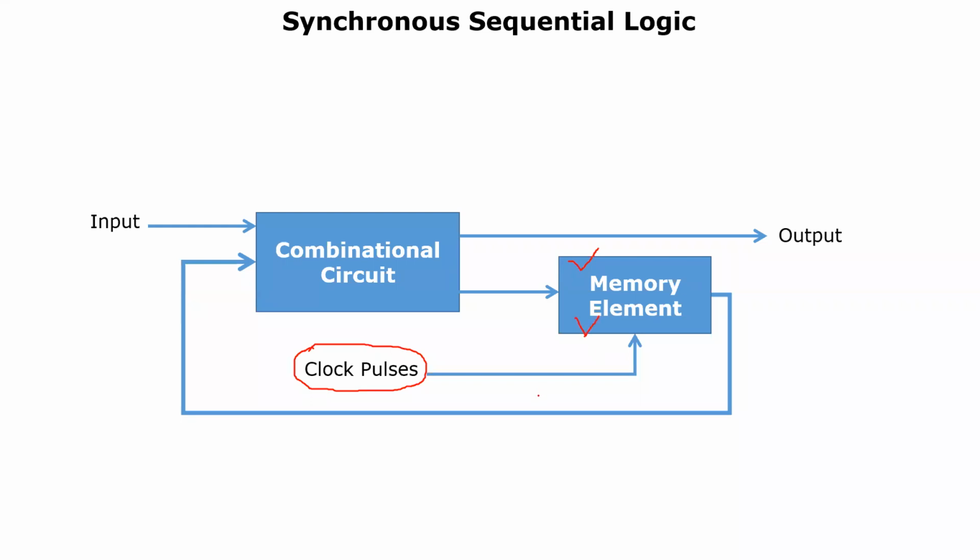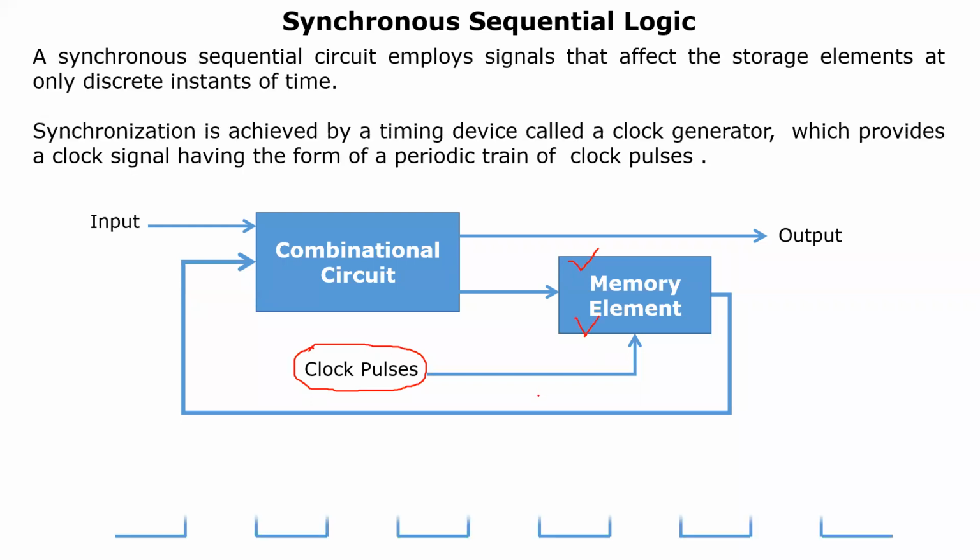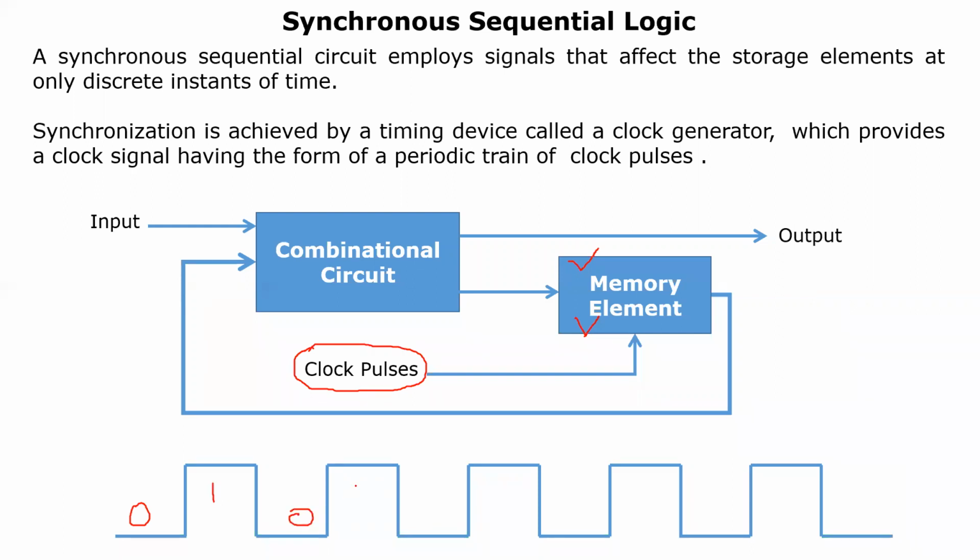So how will the pulses look? This is the pulse. The digital pulse looks like this. If the pulse is at this level, it is defined as 0. If the pulse is at this level, it is defined as 1. This is 0, this is 1, this is 0, and so on. In this way you have to define your pulses here, as electrical pulses.